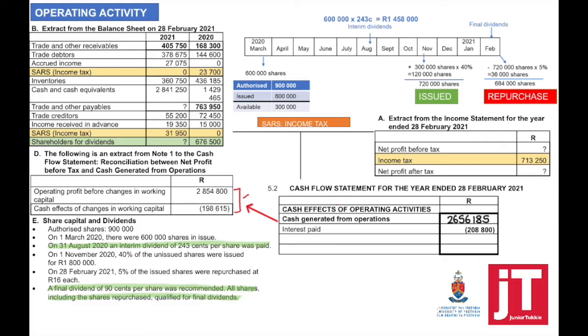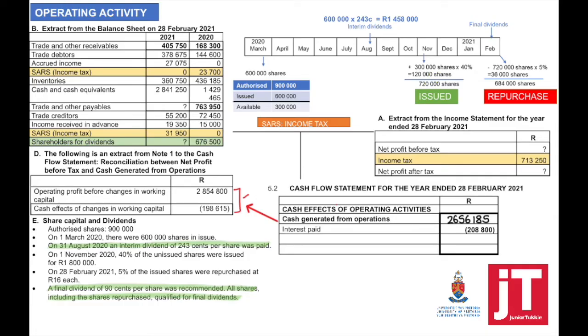Now, if you go on and look at the next bullet, on the 1st of November 2020, 40% of the unissued shares were issued for 1.8 million. So that was given to us. If we look at our timeline, in November there were additional shares issued.